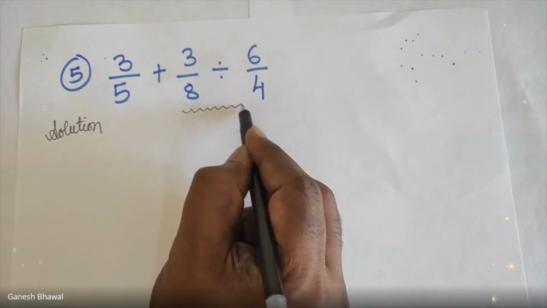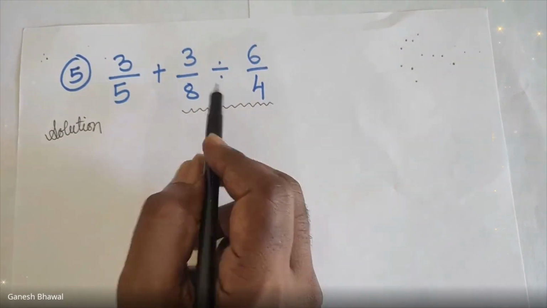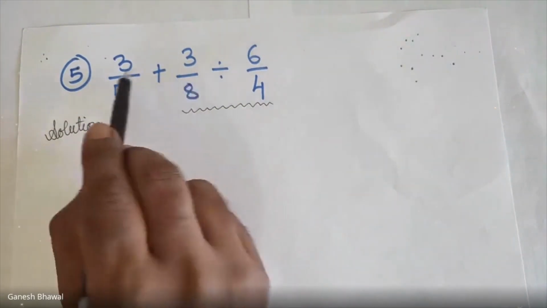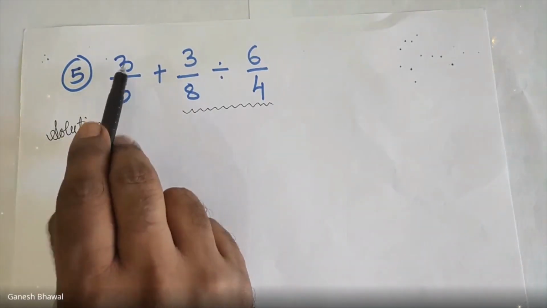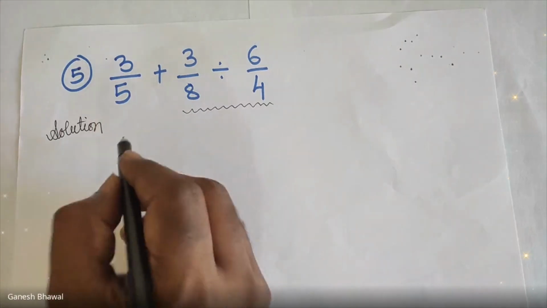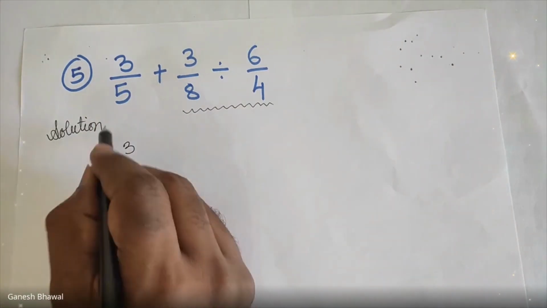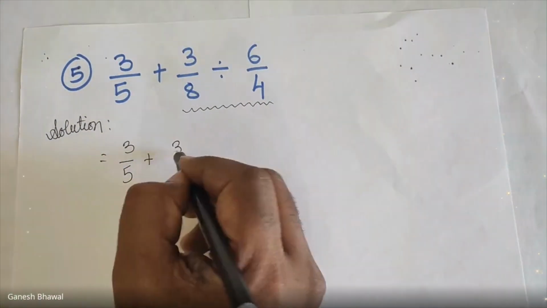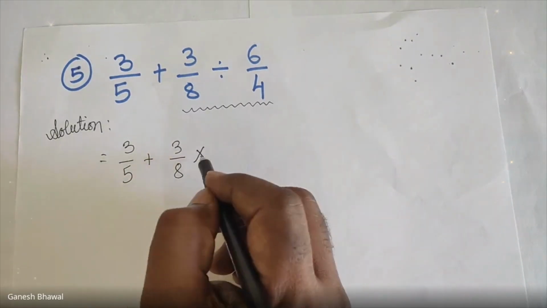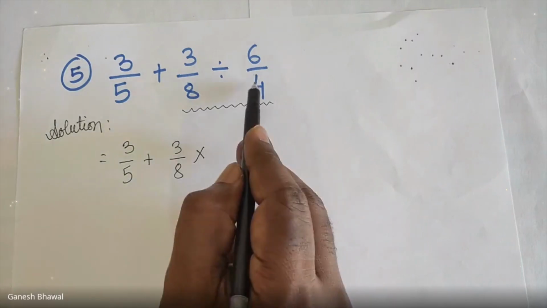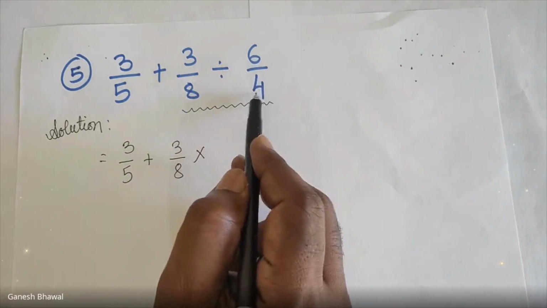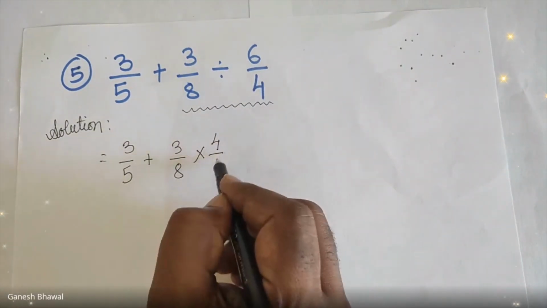So these things we have to do first, as division comes first, and then we will think about this 3 by 5. So we will write down 3 by 5 as it is, put equal sign, 3 by 5 plus 3 by 8, give here multiplication sign and take the multiplicative inverse. Multiplicative inverse of 6 by 4 is 4 by 6.